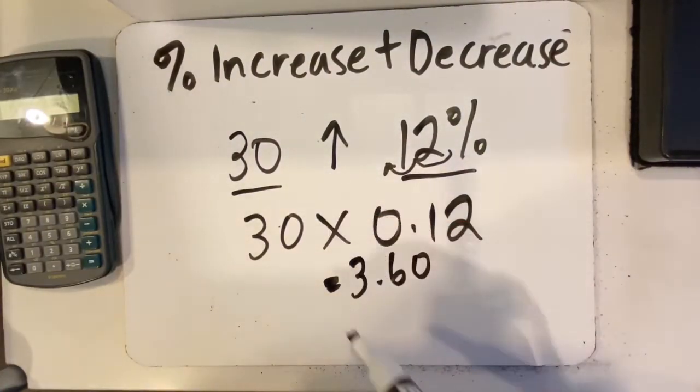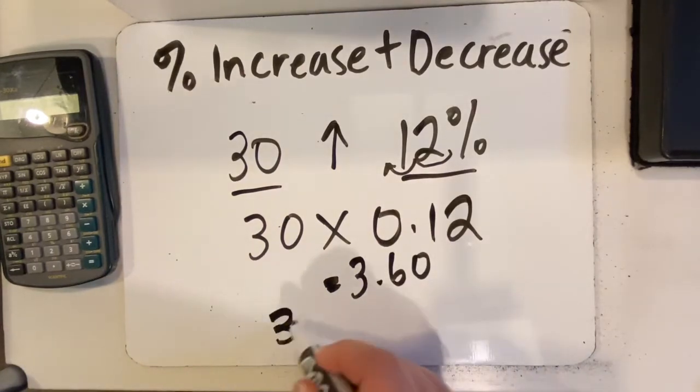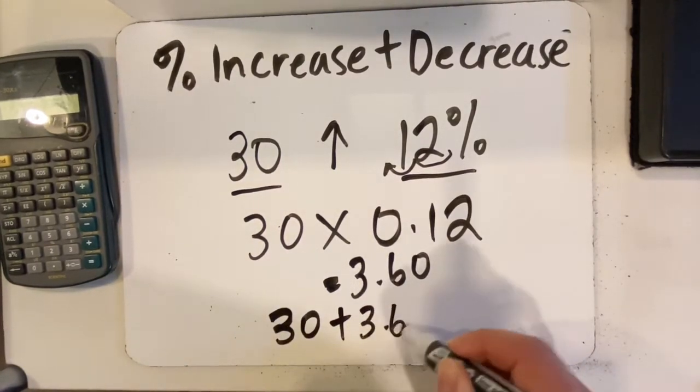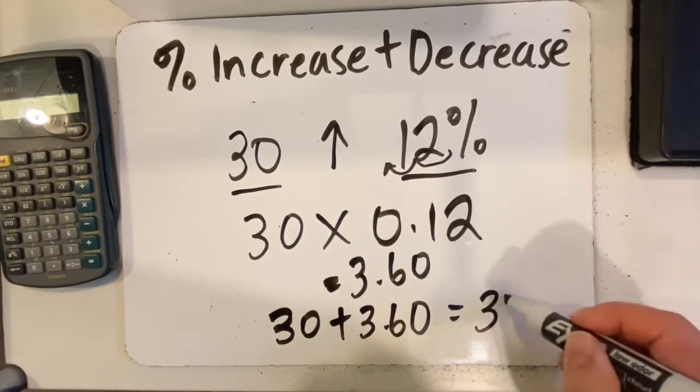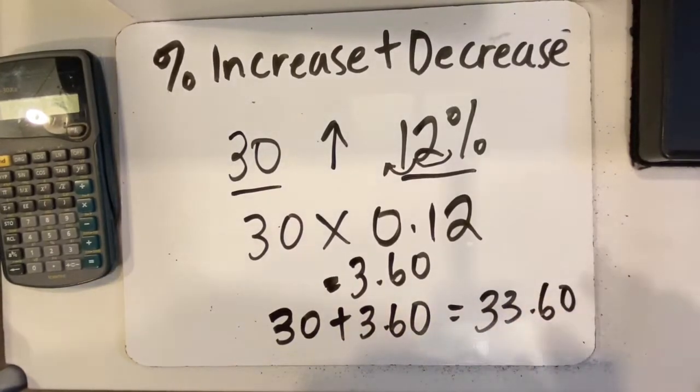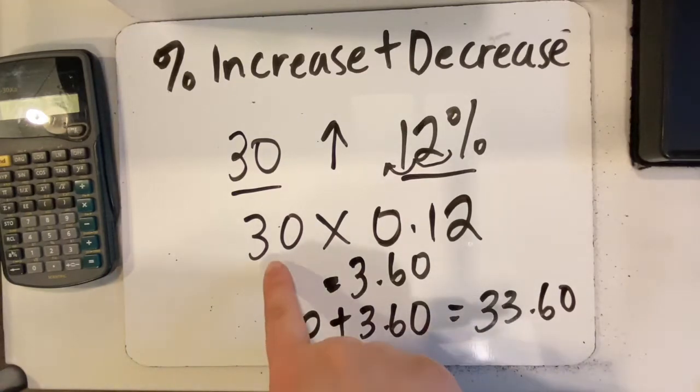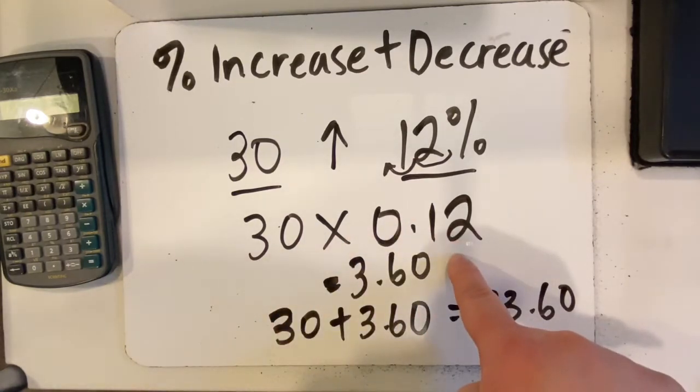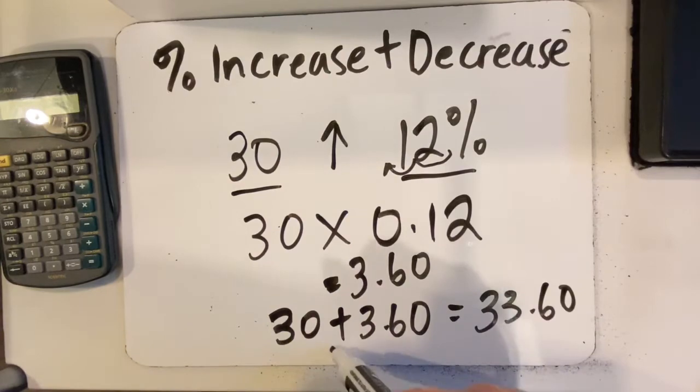In this case, it's an increase, so we would add it to the original price. So we'd get $33.60. So again, steps 1 and 2 of percentage increase are to multiply the original price by the decimal value of the percent and then add it.